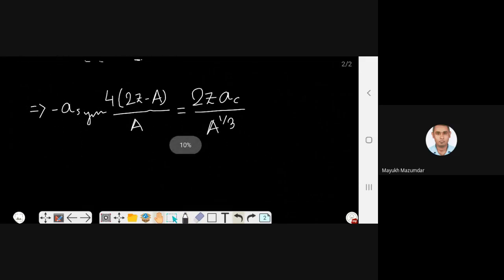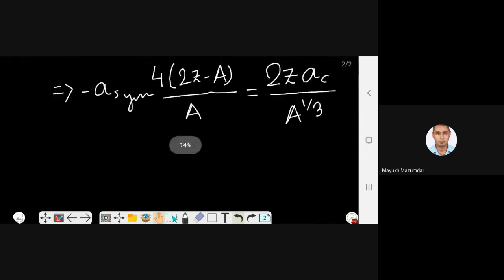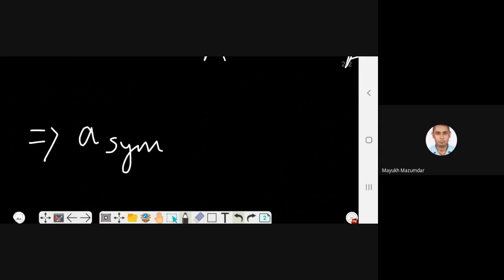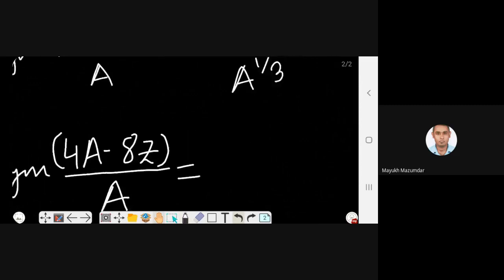Okay, something like this. Now this minus sign I don't like. I can absorb it with the term in the bracket. You can do the calculation on your own also in parallel. So it would be asymmetry by A times (4A minus 8Z) equals a_C times 2Z by A to the power 1/3.